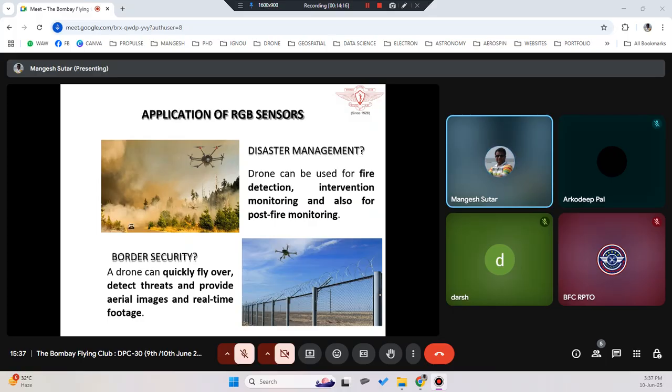But you can always deploy drones at this location rather than sending a person to monitor. Nowadays you can remotely monitor your complete border by sending one single drone over that area, to give you an idea in case intruders or people have crossed the border. Your drone can track and find them easily.